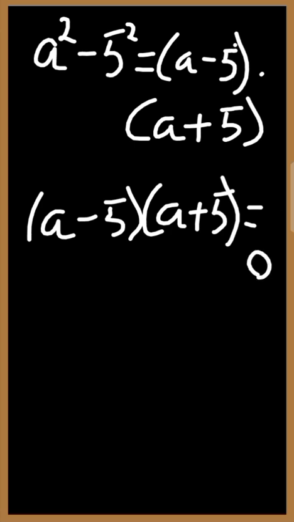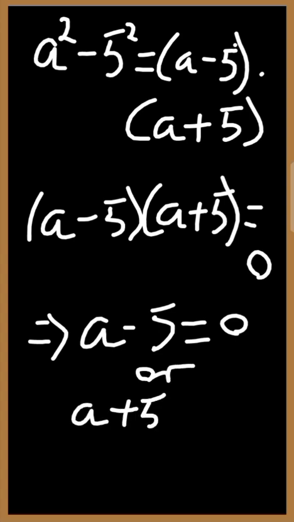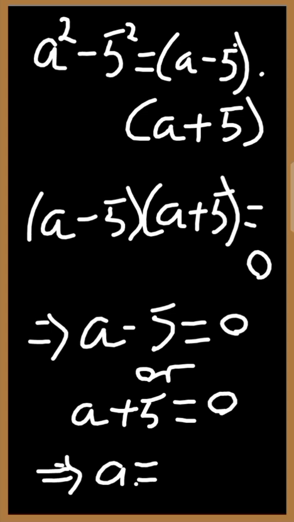For this product to be equal to 0, then either a minus 5 is equal to 0 or a plus 5 is equal to 0, of which we have to solve for a in these two linear equations, and this will give us a to be equal to, for the first one, transferring negative 5 to the right, it becomes positive.